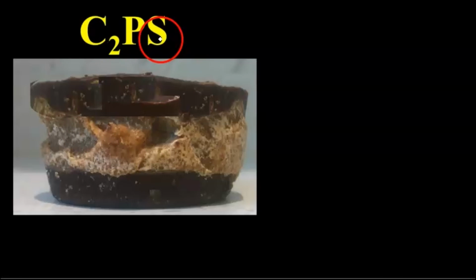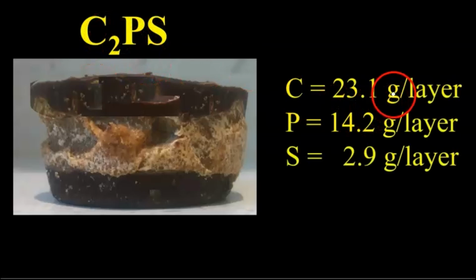The peanut butter and sugar were mixed together in one layer, but think of this as 2 parts chocolate, 1 part peanut butter, and 1 part sugar. Hope you get that. And the mass of the chocolate, peanut butter, and sugar for the layer was what we just calculated, 23.1 grams of chocolate in each layer.